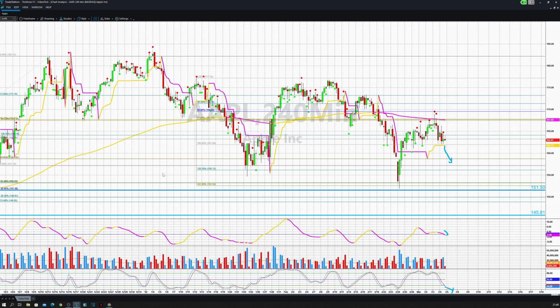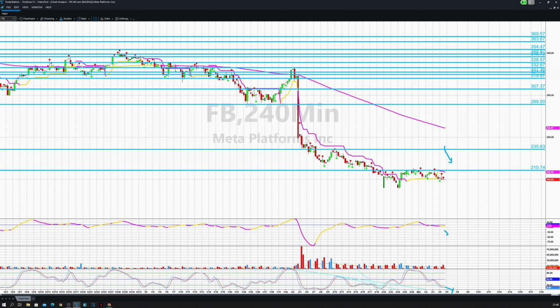If we go to Facebook and we check Facebook, you could see it's below the super trend. It's below the support, the resistance now, and it doesn't seem so good. Even though it builds some sort of divergence because the big down price was already made, we have no clear one.